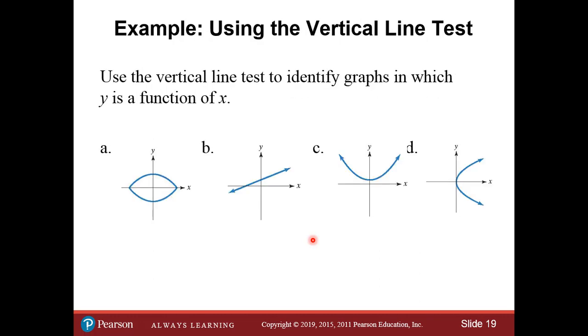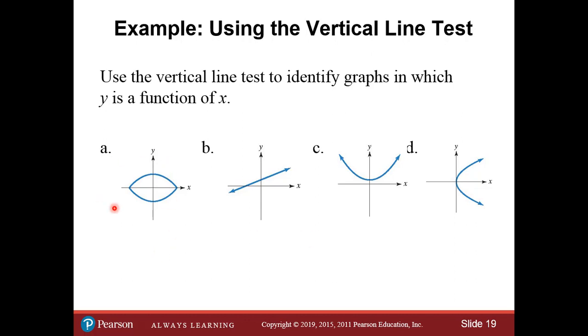Now the vertical line test says, if I can draw a vertical line anywhere in the graph, and it intersects the graph at most one point, or once, then it's a function. If I can draw a vertical line somewhere where it intersects the graph at more than one point, it is not a function.